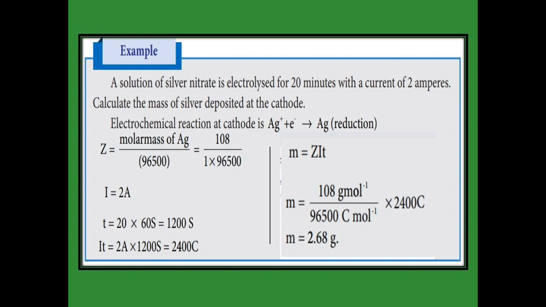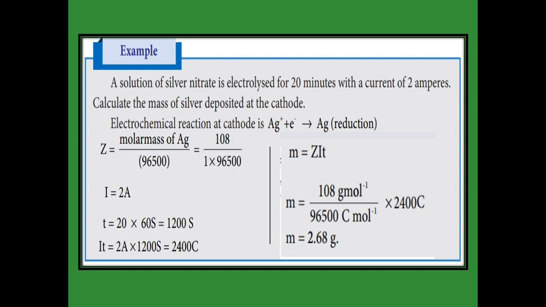So the mass of silver we can calculate from Faraday's first law. The formula is m equal to Z into I into t. Already we have the data for I and t, but we have to calculate Z. The Z formula is molar mass of silver divided by 96,500. The molar mass is 108, and here only one electron is taken at the cathode.